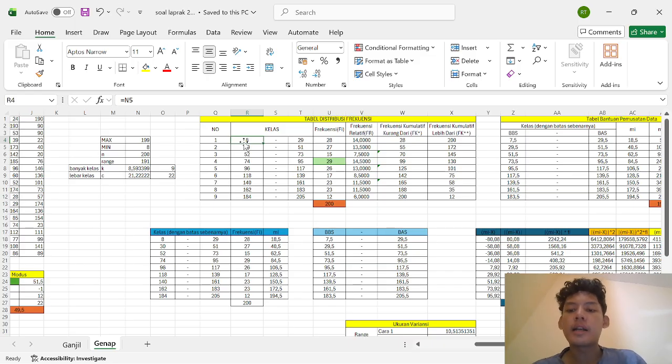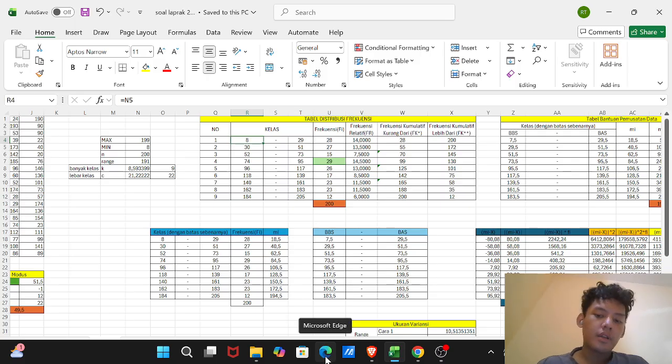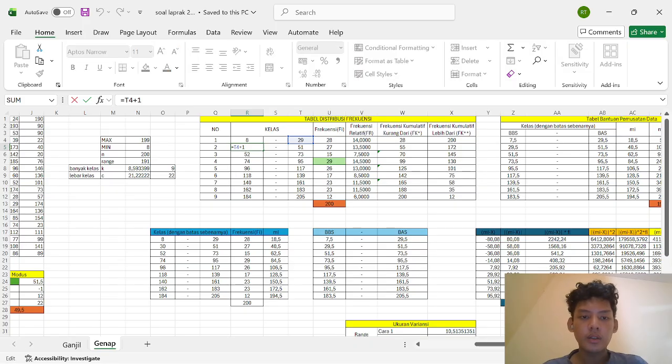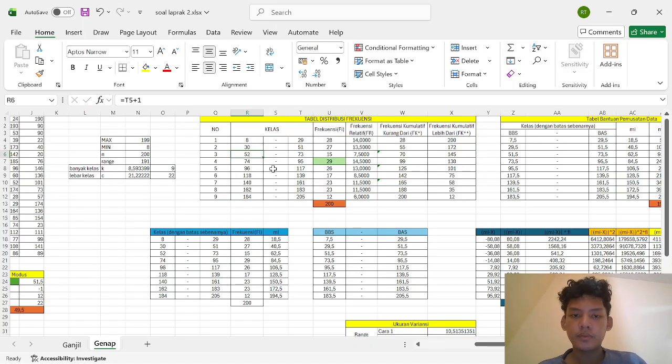For the next classes, the lower limit is the previous upper limit plus one. This makes the process continue until the class intervals are complete.